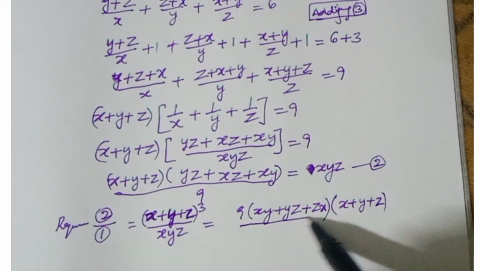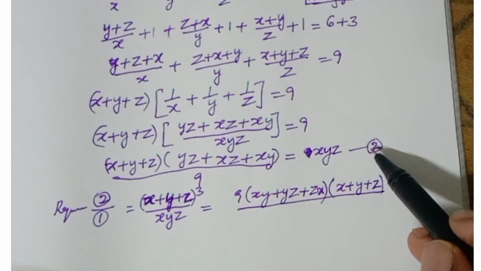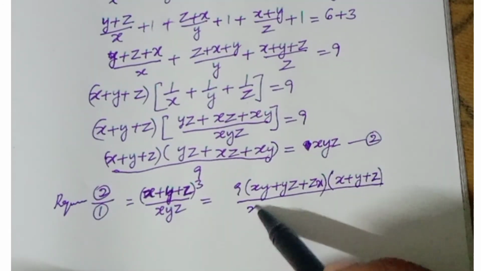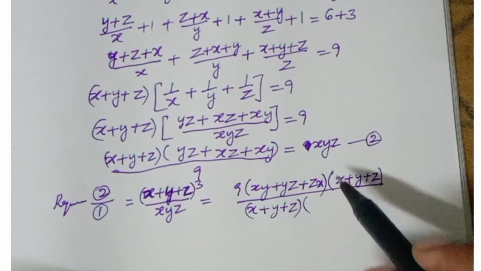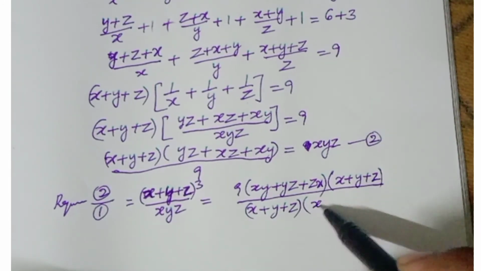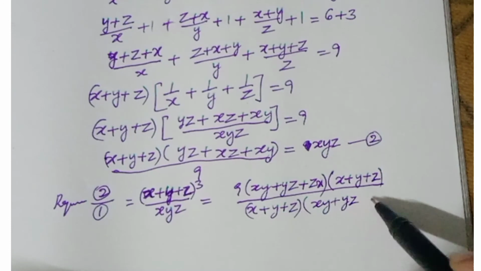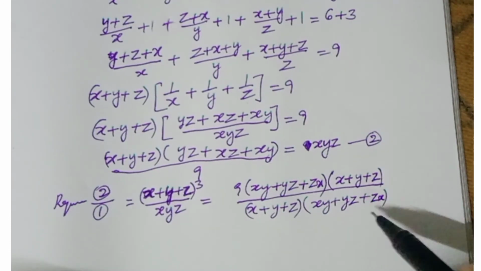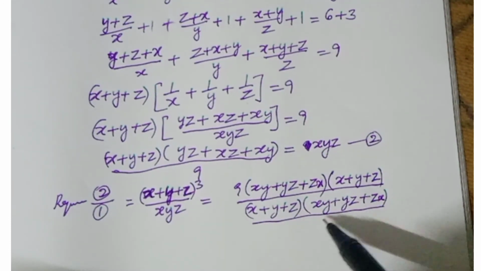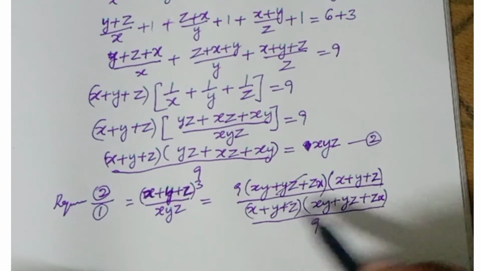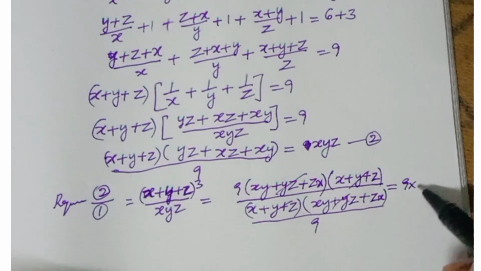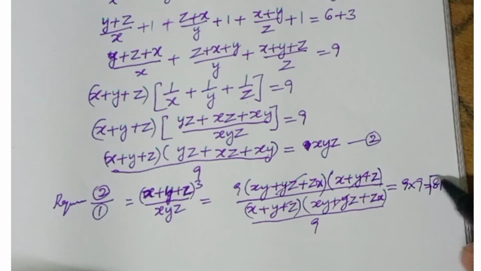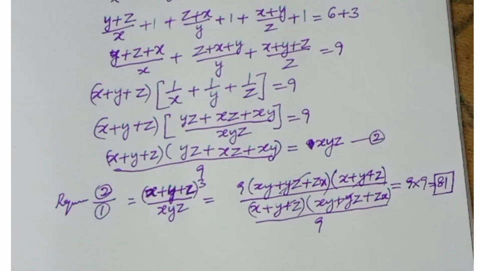Now write the value of xyz from the second one: xyz = (x + y + z)(xy + yz + zx)/9. These values will get cancelled. So here you will get 9 into 9, which is 81. So the answer is 81.